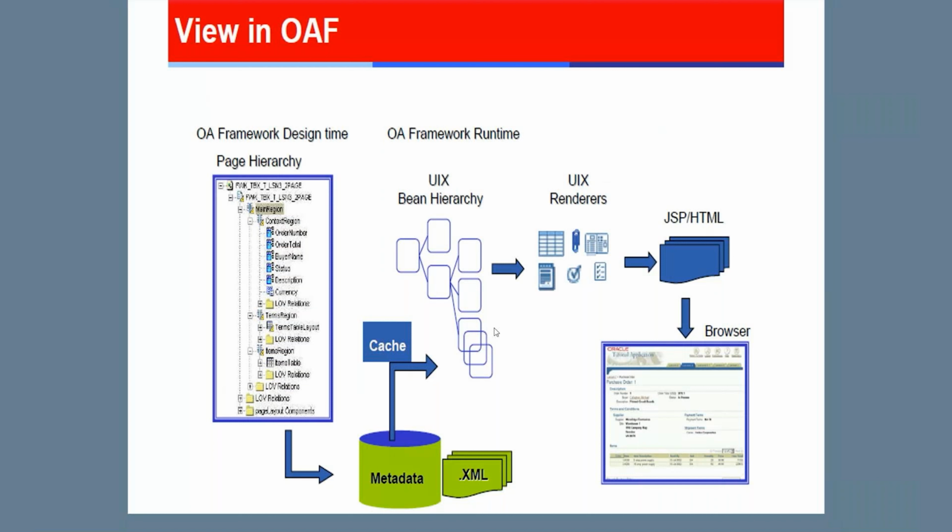So blindly remember that every component in a page is a bean. If you want to interact with the bean or modify the bean at any point of time, you should know what that bean is, what the bean name is, and you can modify it dynamically in the controller. That we will go into later, but we can modify it dynamically.